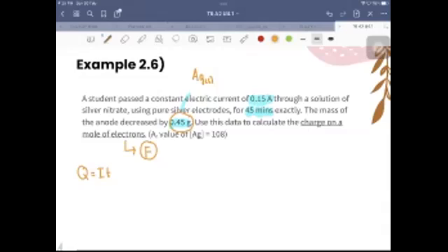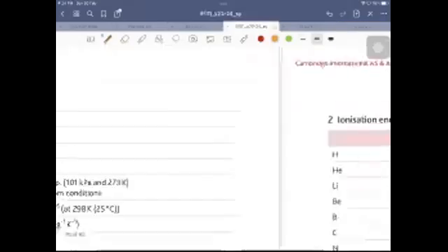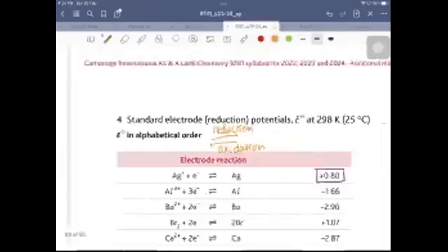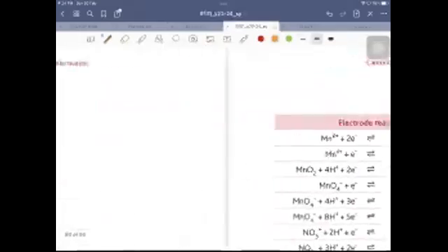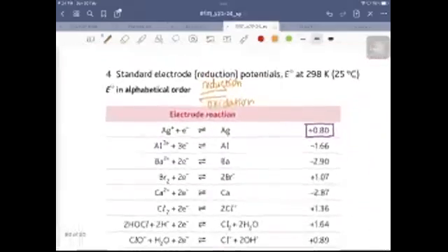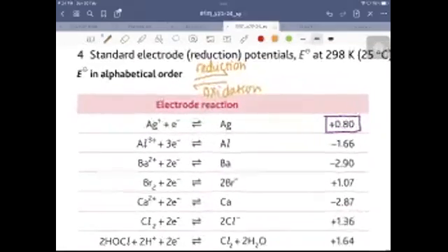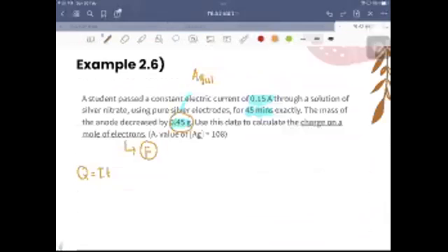So at the anode, that means oxidation is happening. So you want to look at silver, Ag. Oxidation would be Ag being oxidized to Ag plus and 1 electron.